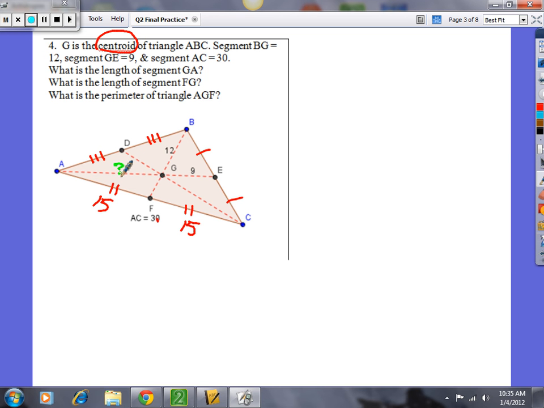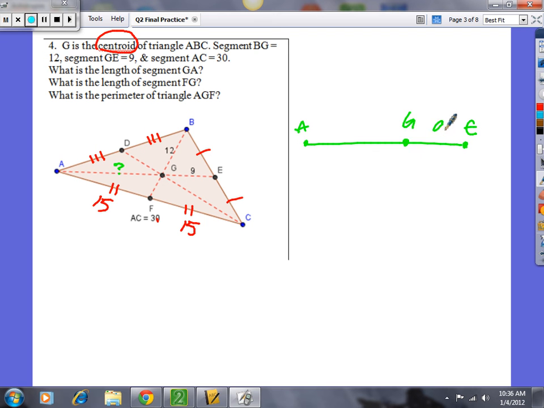Now here's what's sweet about the centroid. The centroid is exactly 2/3 of the way through the median. So look at my line right here. My entire line from A to E, and G is not halfway, but G is 2/3.